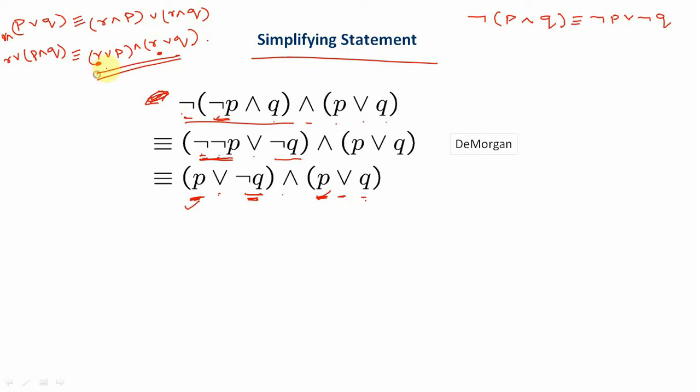Now if I take R common from both sides, if I apply the distributive law in reverse, that essentially becomes R or P and Q. That is what I am going to do over here.